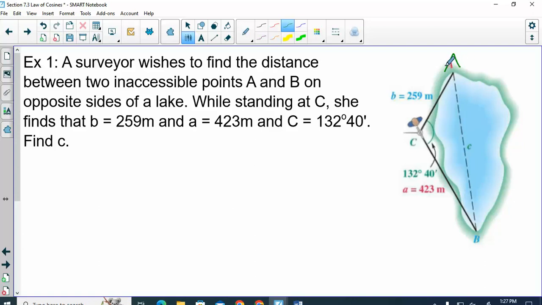So here's point A, here's point B. While standing at some third point C, she finds that side B is 259 meters, side A is 423 meters, and angle C is 132 degrees 40 minutes. We want to find side C.